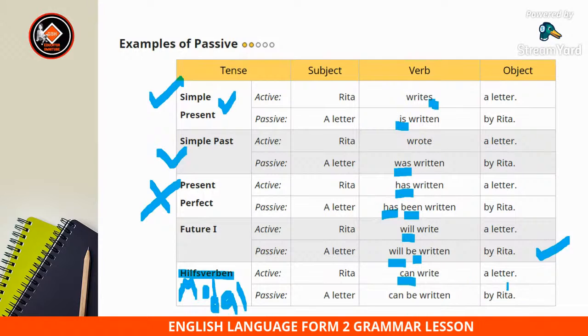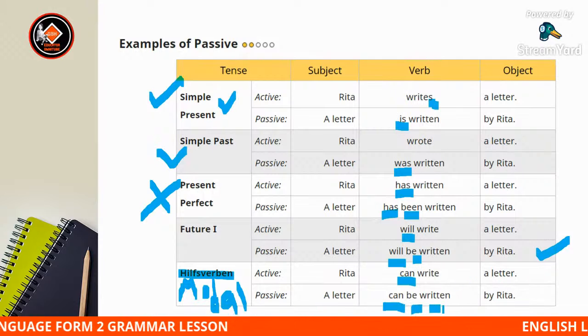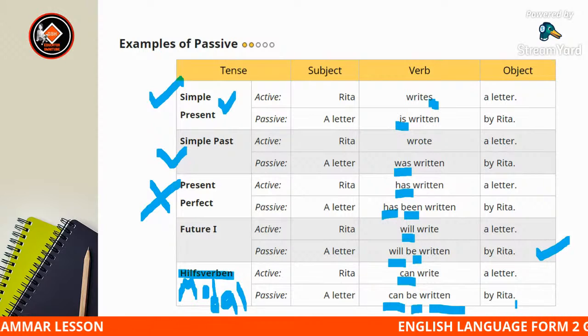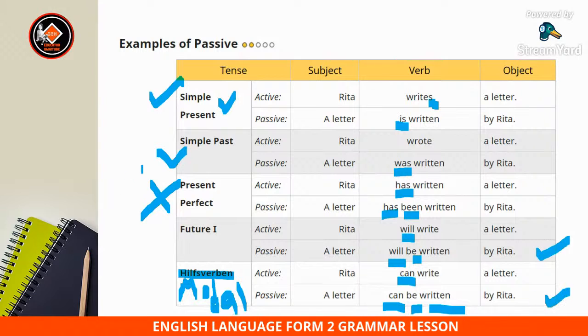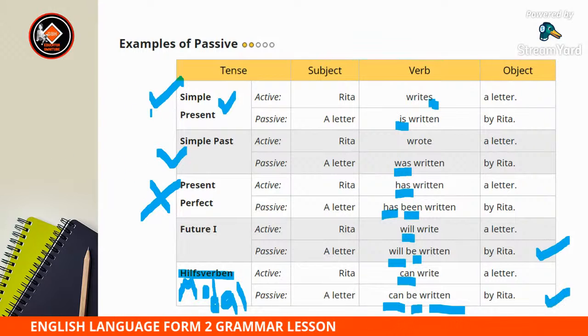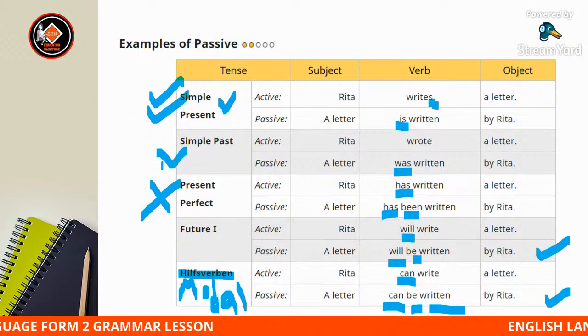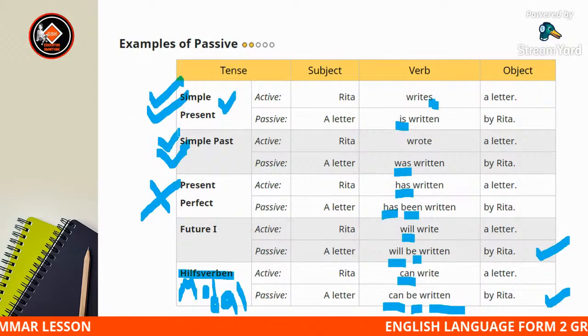Rita can write a letter. So passive will be a letter can be written by Rita. So this one sometimes you use. But the most important one is this one. Simple present you must know and simple past you must know. The rest you do not need to learn.